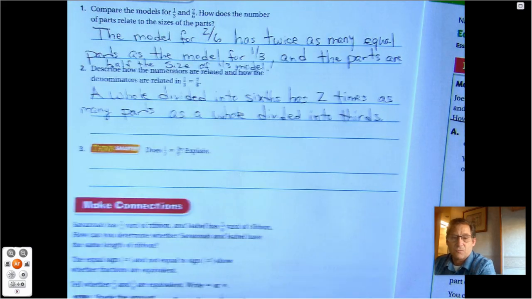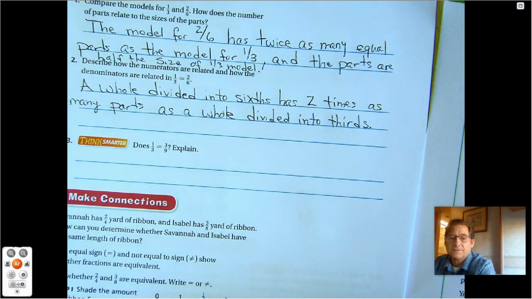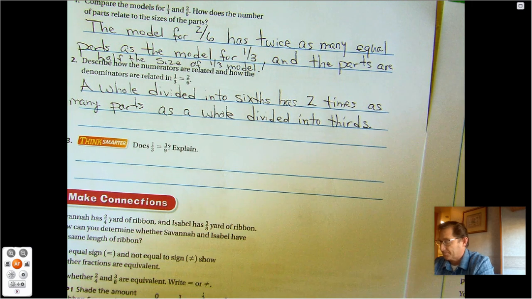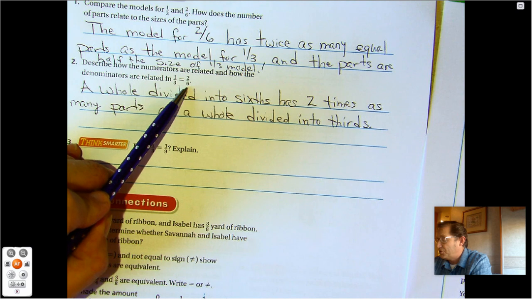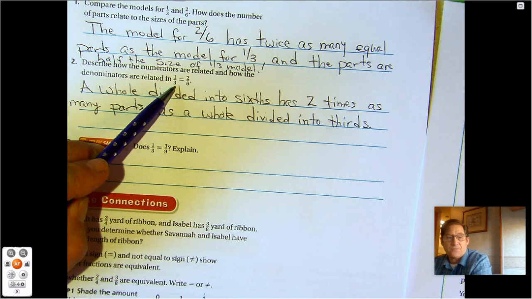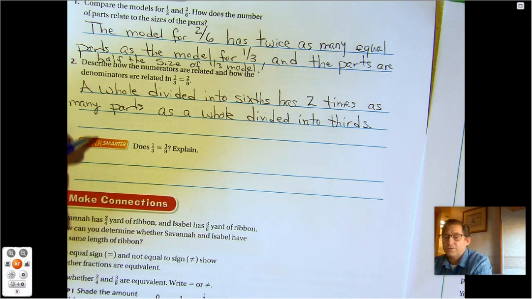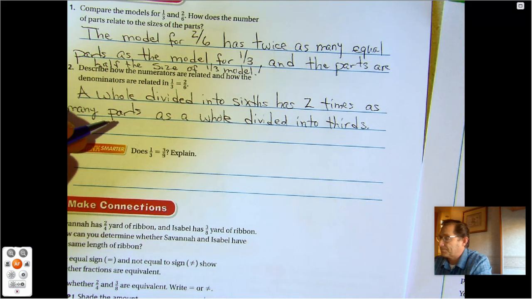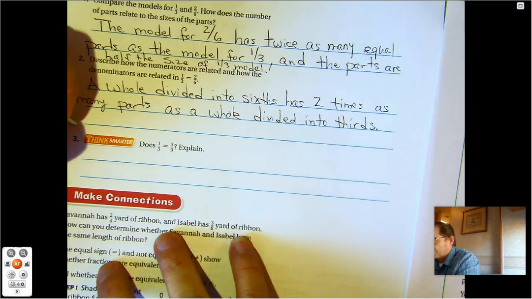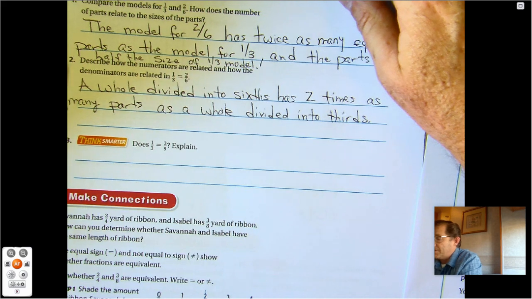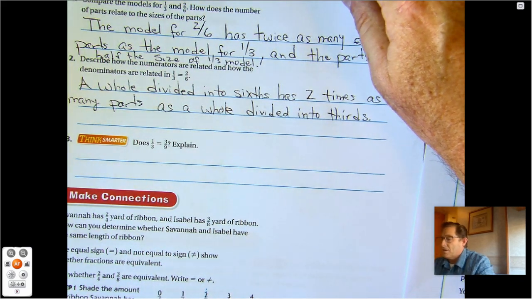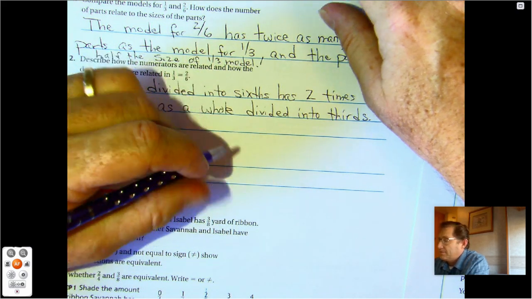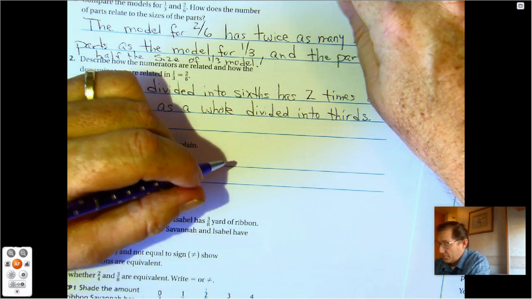All right, so let's start with this. A whole divided into sixths has 2 times as many parts as a whole divided into thirds. So what does that mean? That means the numerator and the denominator in 2/6 are each twice the numerator and denominator in 1/3.